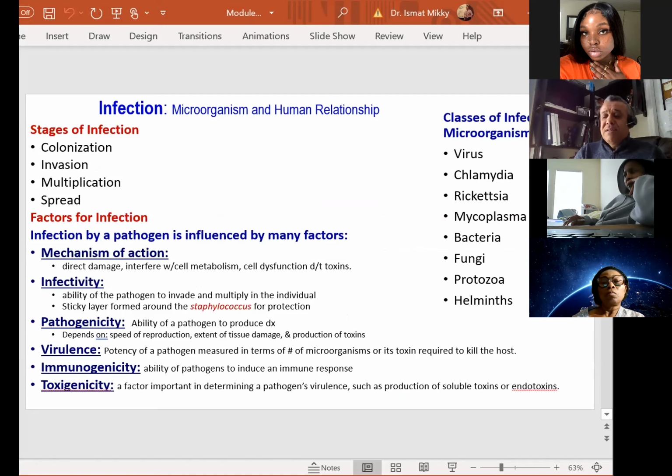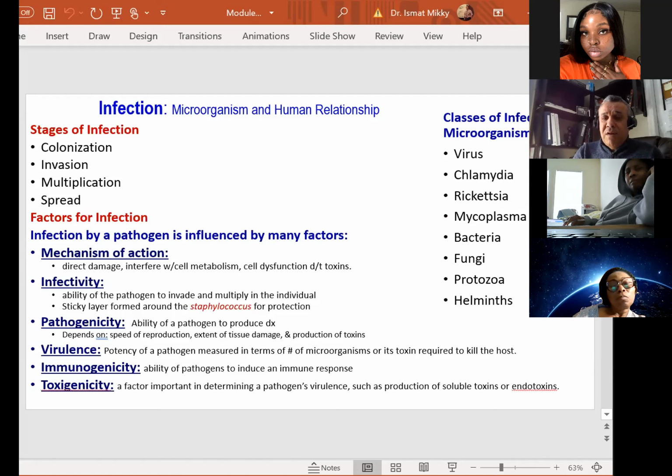And then we have factors by which the infection by a pathogen is influenced, like the mechanism of action, the infectivity, which is the ability of the pathogen to invade and multiply in the individual, pathogenicity, and virulence. Nowadays we talk about the virulence of COVID-19.